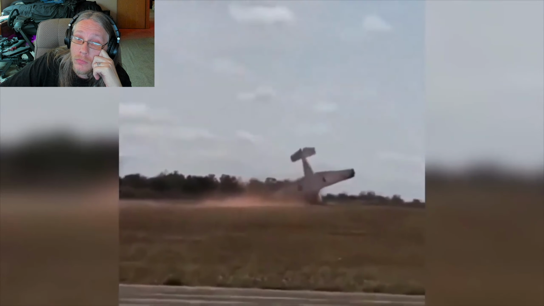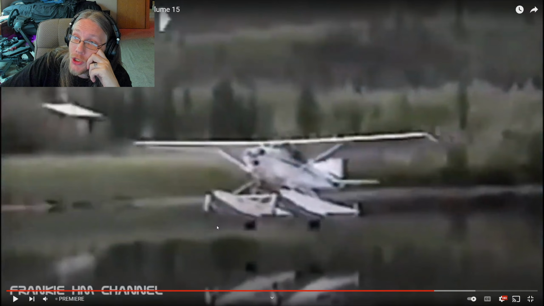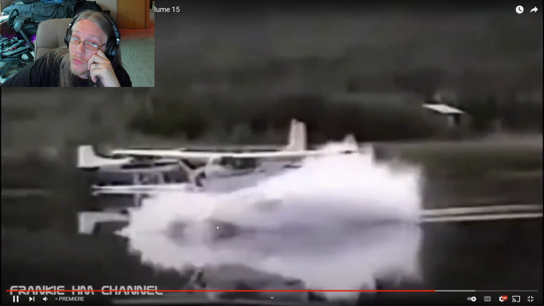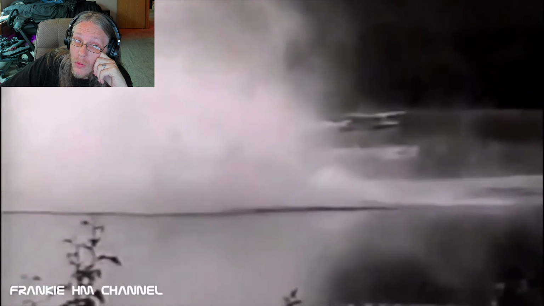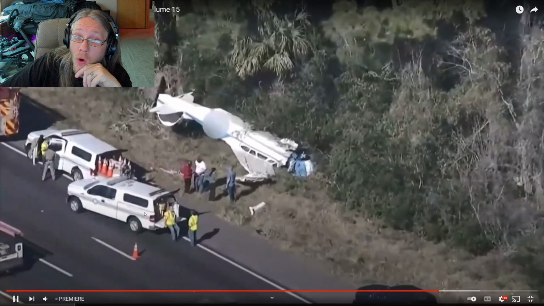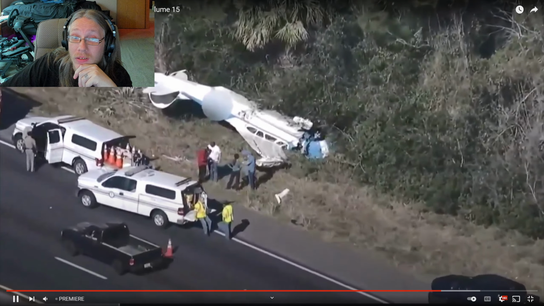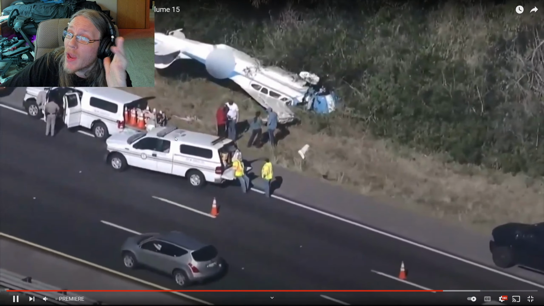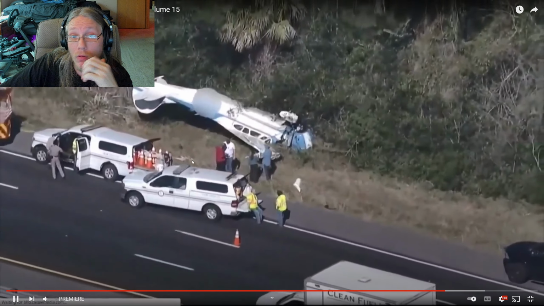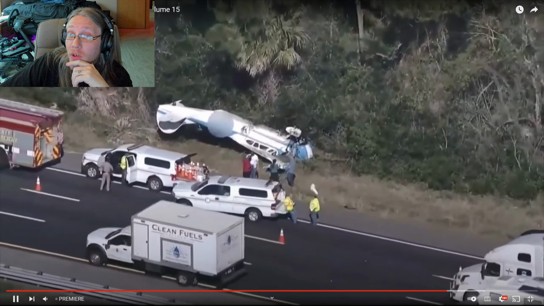Boom, once again, the tail got smashed. Look at that tail, it got smashed, didn't it? Oh, this one the tail didn't get smashed because it's in water. Okay, so maybe the tail didn't get smashed, but it didn't stay flipped over, did it?